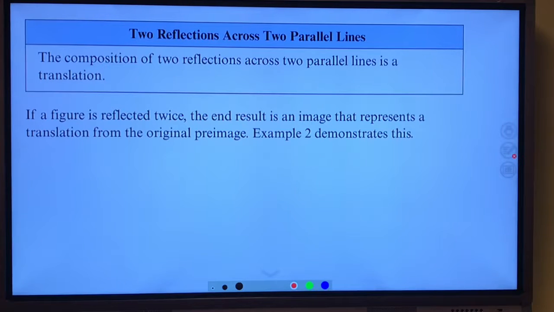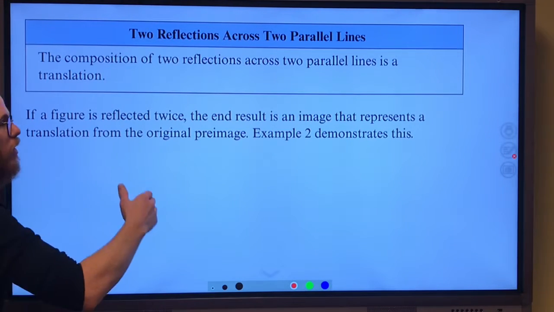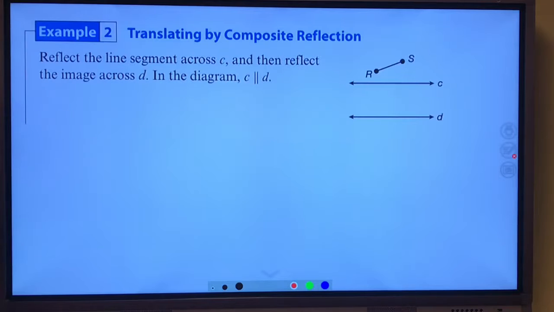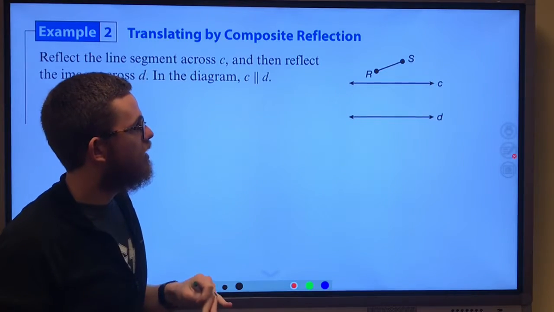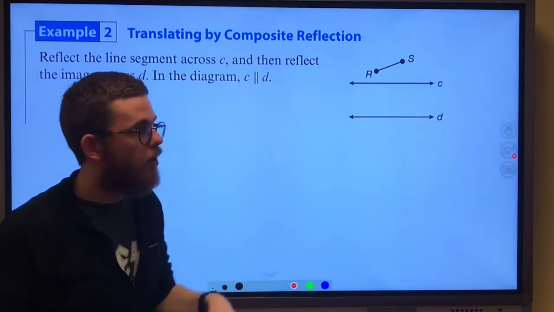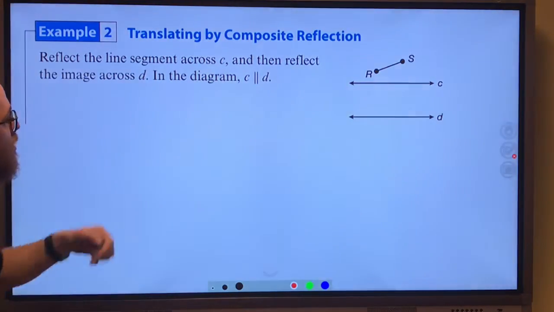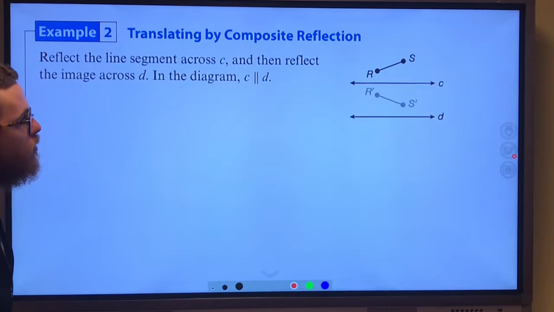The composition of two reflections across two parallel lines is a translation. Okay? If we reflect across two parallel lines, it's the same thing as a translation. Notice here, we're going to take this segment, we're going to reflect it across line C, and then we're going to reflect it across line D. Knowing C and D are parallel, reflect it once, reflect it again.